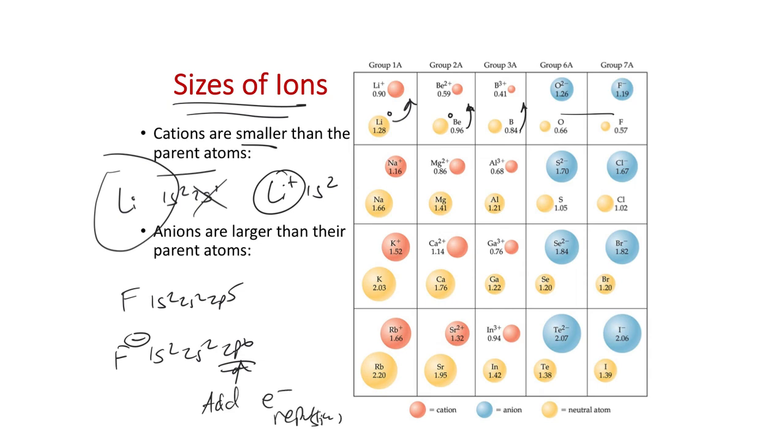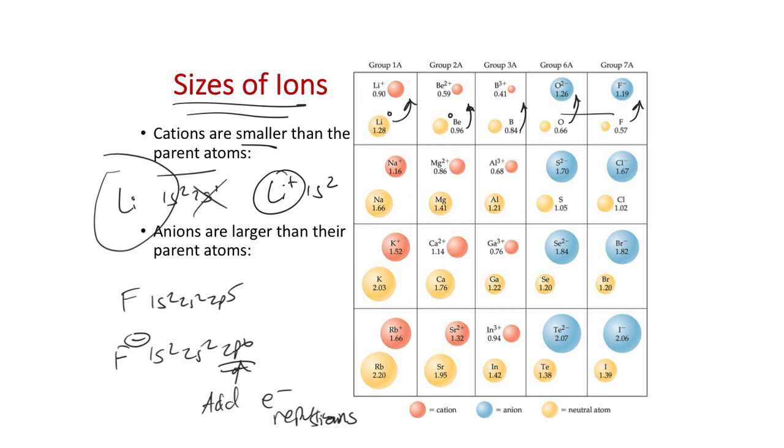The added electron repulsions, electrons repel, the size grows bigger. And so F minus is actually a lot bigger than F. So notice how F more than doubles in radius. Oxygen as well, put 2 electrons around an O atom, you get a big increase in size for O2 minus compared to O. So anions are larger than their neutral counterparts, cations are smaller.